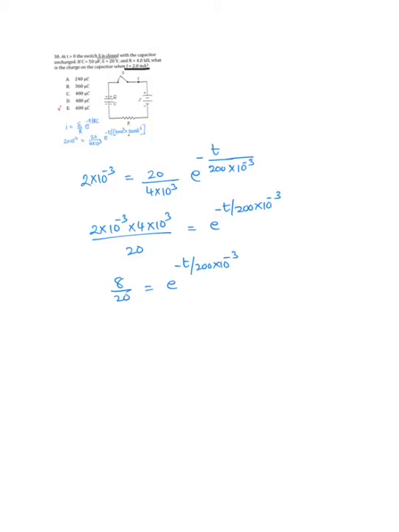Okay, and I can solve this. So ln 8 over 20 is equal to negative t over 200 multiplied by 10 to the power of negative 3.